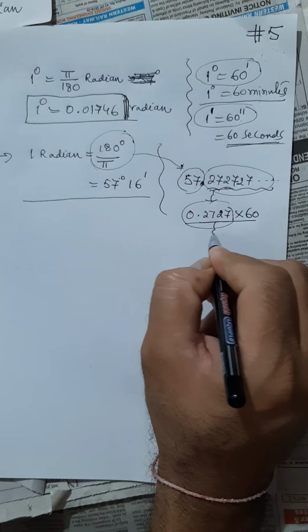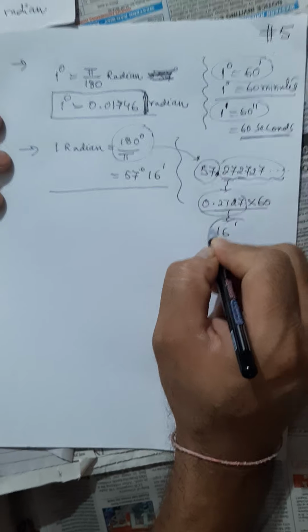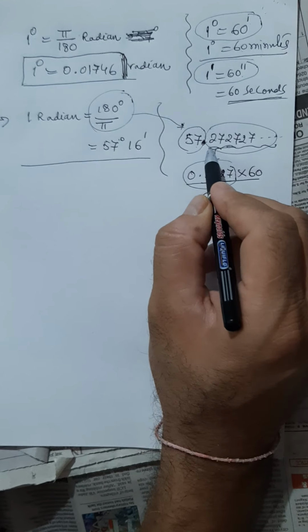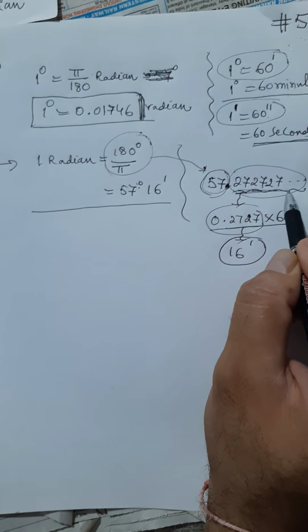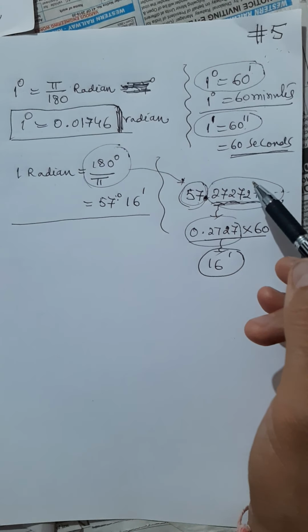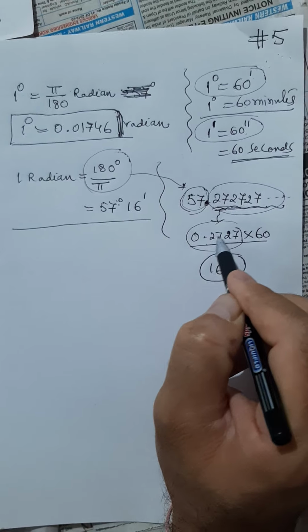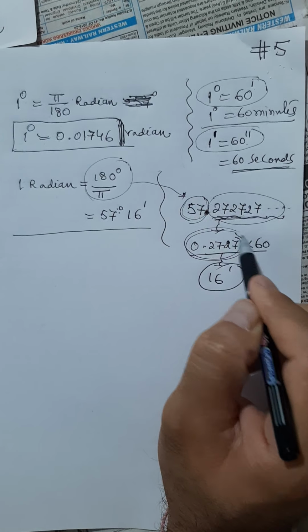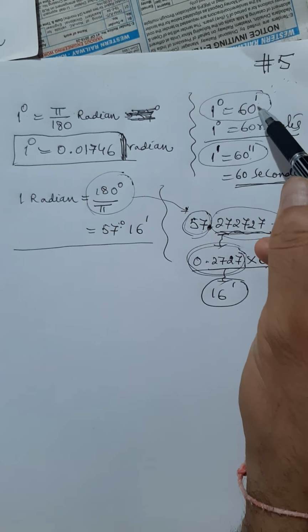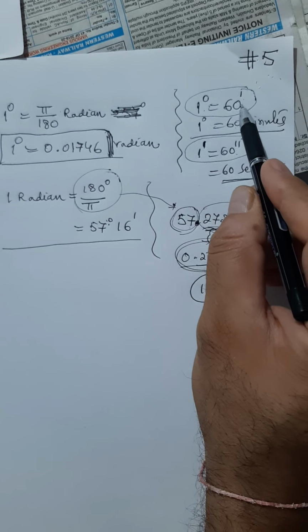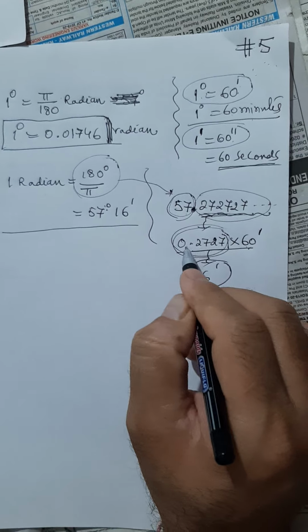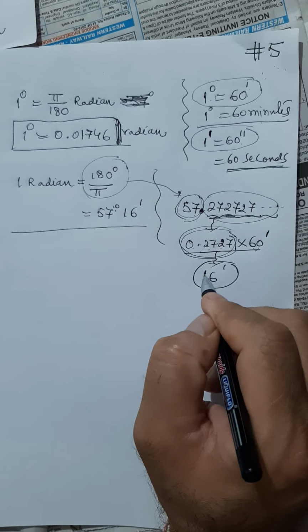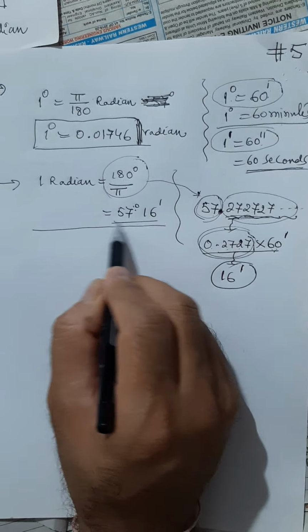Remember, after the decimal point you are converting into the next smaller unit. You know 1 degree equals 60 minutes, so we get 0.2727 into 60, which is roughly 16 minutes. So we are getting this.